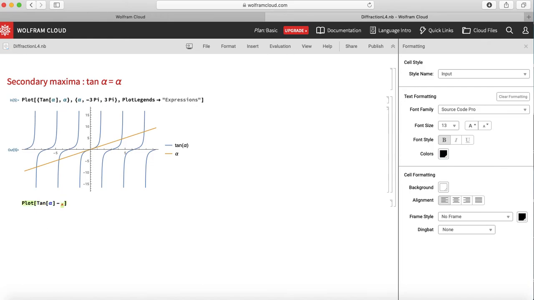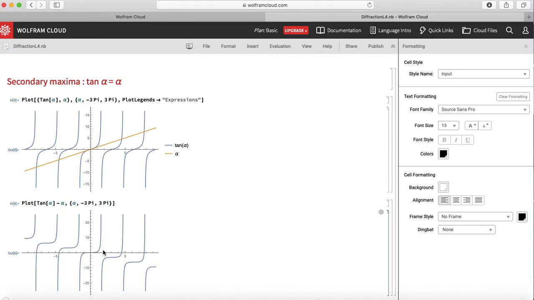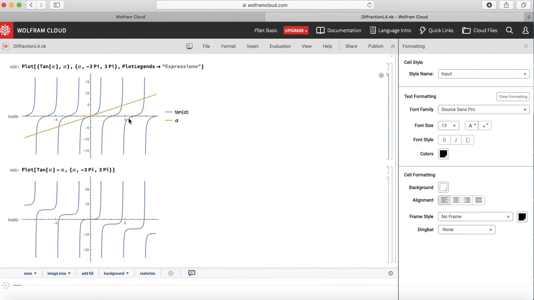Okay, I have made it as one equation, comma, alpha varies from minus 3 pi to 3 pi. Now if I want to plot this, okay, you see now, these were the two curves I plotted separately, y is equal to x and y is equal to tan x. So tan alpha is equal to alpha.